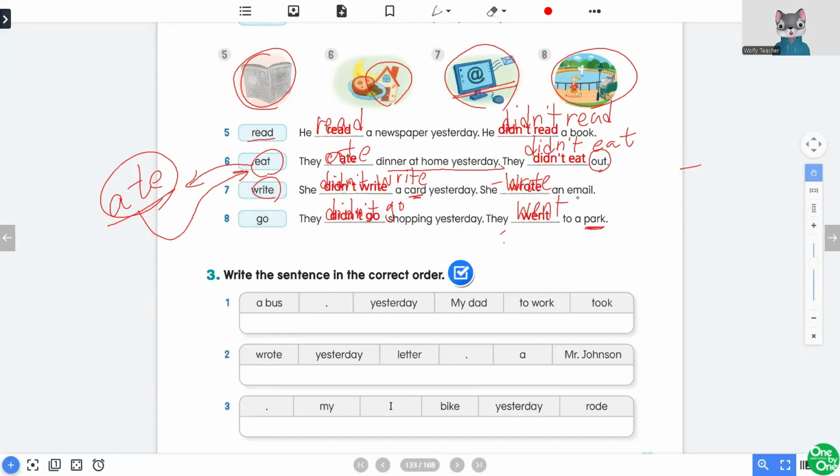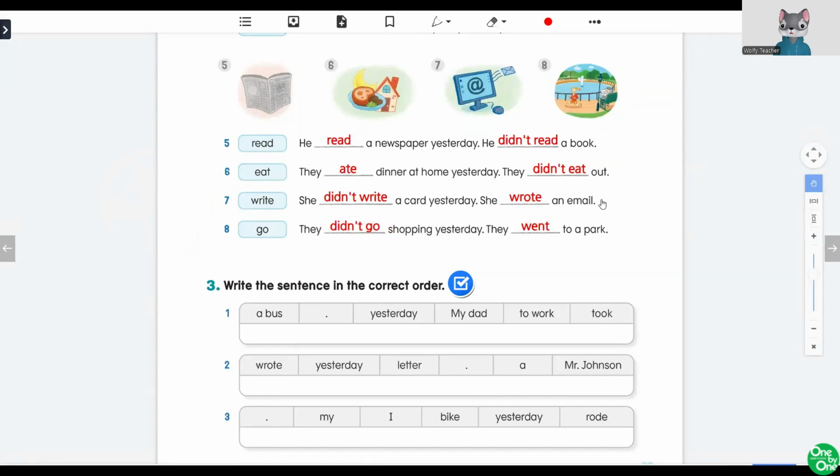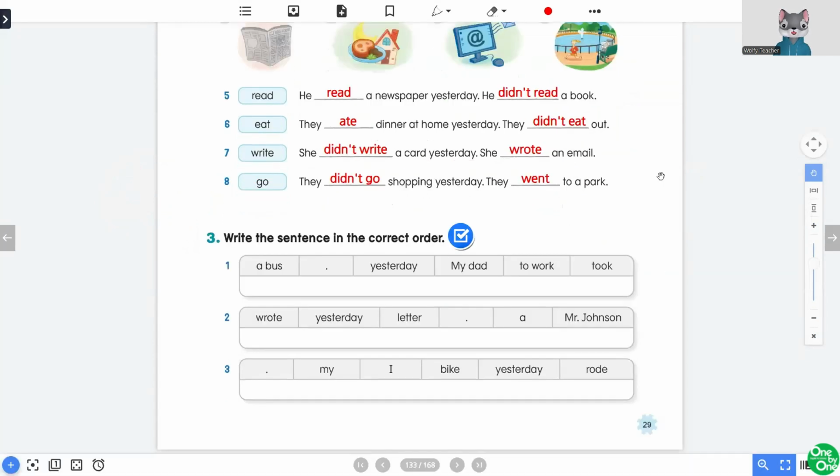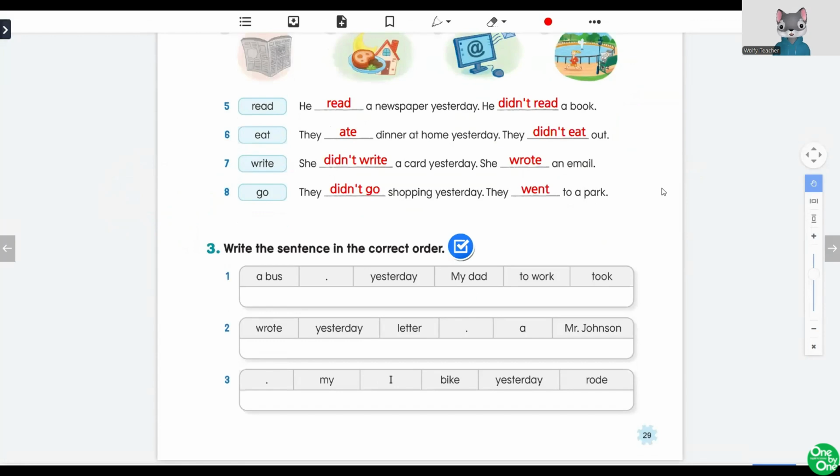Now let's go on to question number 3 at the bottom. Now, on question 3, put the sentences in the correct order. 올바른 순서대로 써야 돼. So remember, we always need a subject who is the main character in the sentence. Here, and usually it starts with a capital letter, which means my dad. Fantastic. My dad is the one with the capital letters.